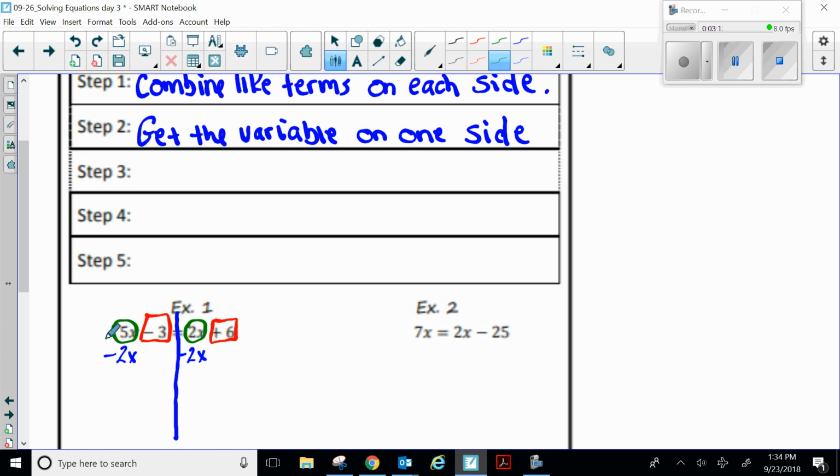To help me make sure that I am adding it to the right place, I can circle it again because I know that I can't put this x with my constant. Okay, so I'm making sure that I'm keeping my variables together and I'm keeping my constants together.